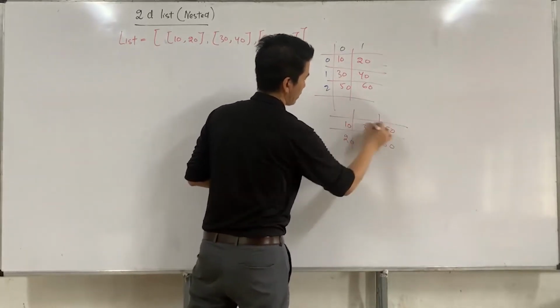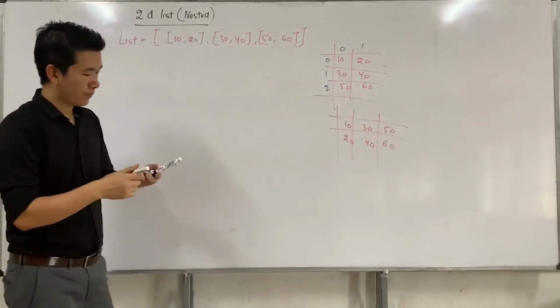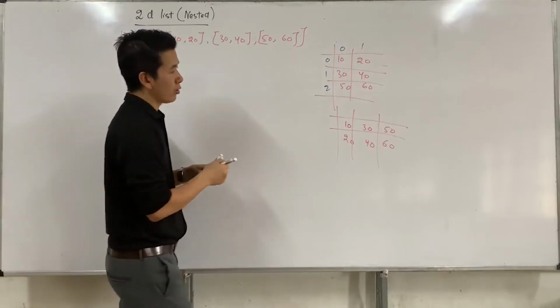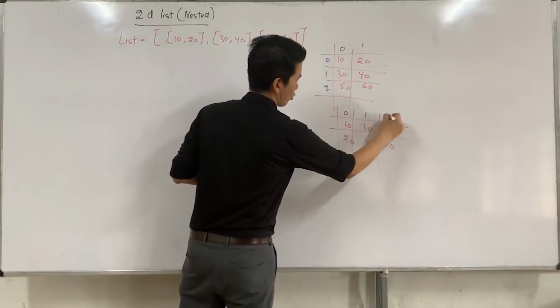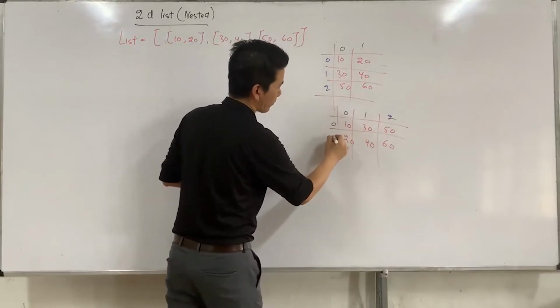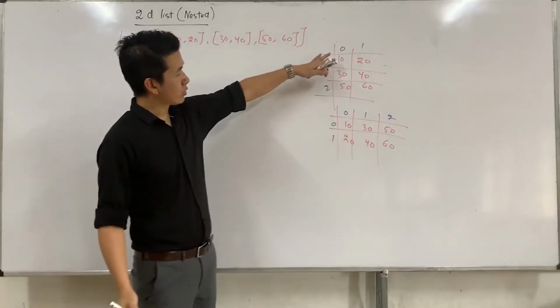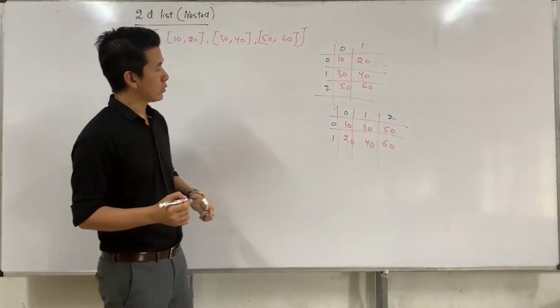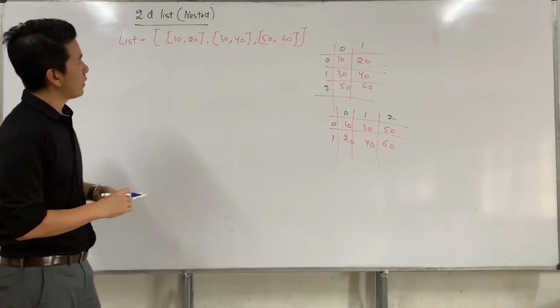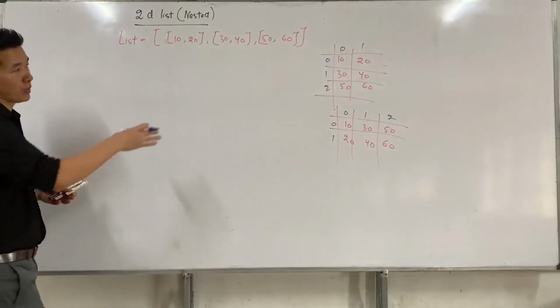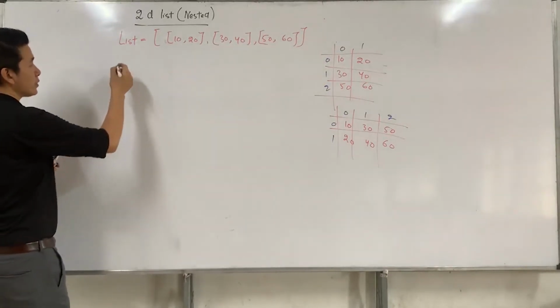So this is what we call transpose. I think you have this topic in the matrix chapter in mathematics. So the rows, when they are changed to columns, that's what we refer to as the transpose. So let's try to write a program which will do the same thing.